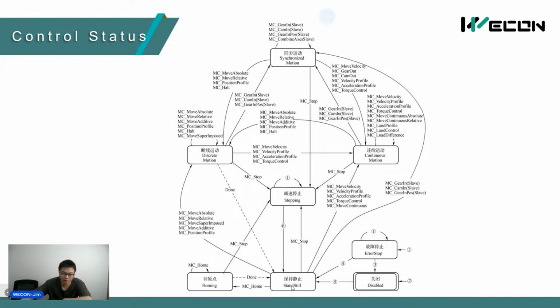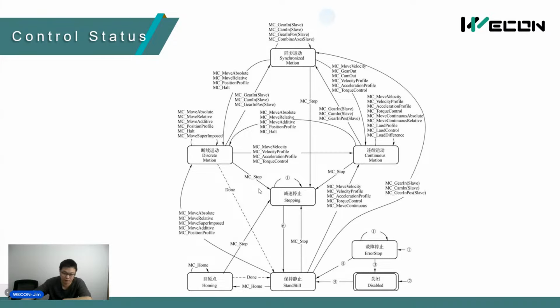If we use a function block, for example, MC move absolute, the status will change to discrete motion.